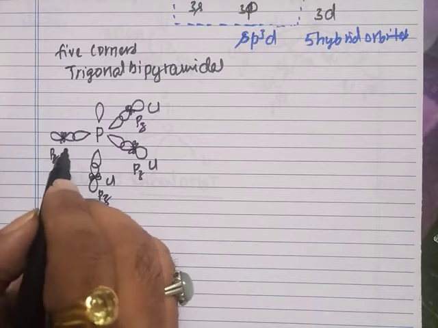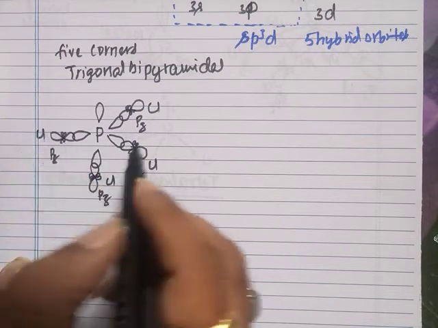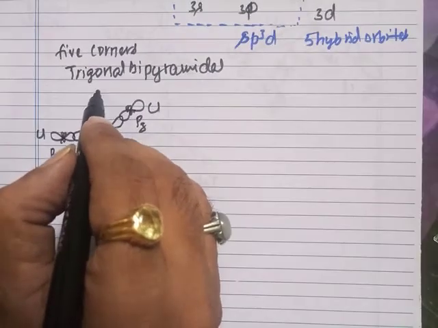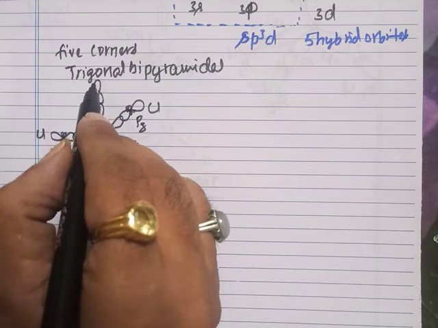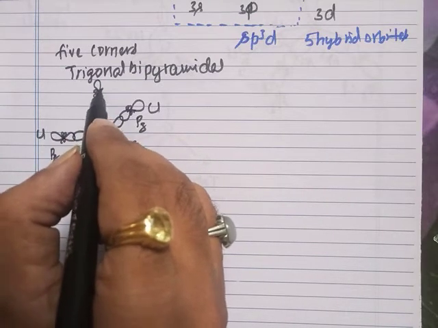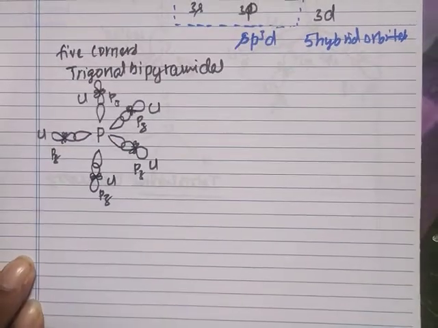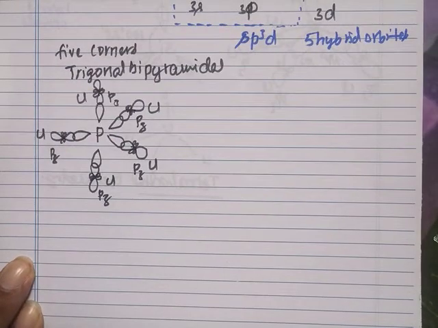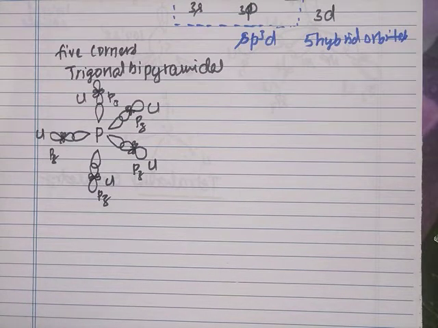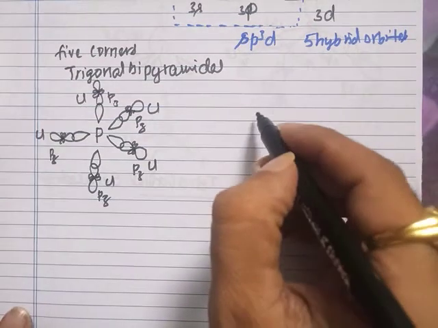One more pz orbital of the chlorine atom. And this is the pz orbital of the chlorine atom. Now let us write the structure of this phosphorus pentachloride.